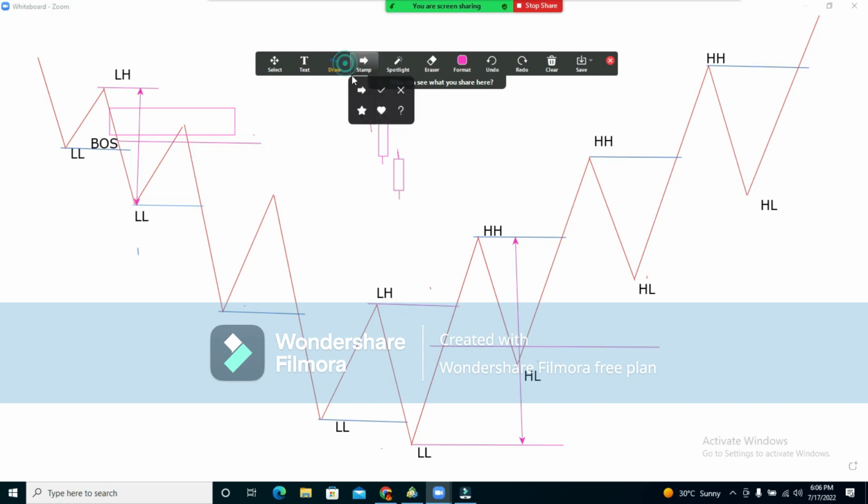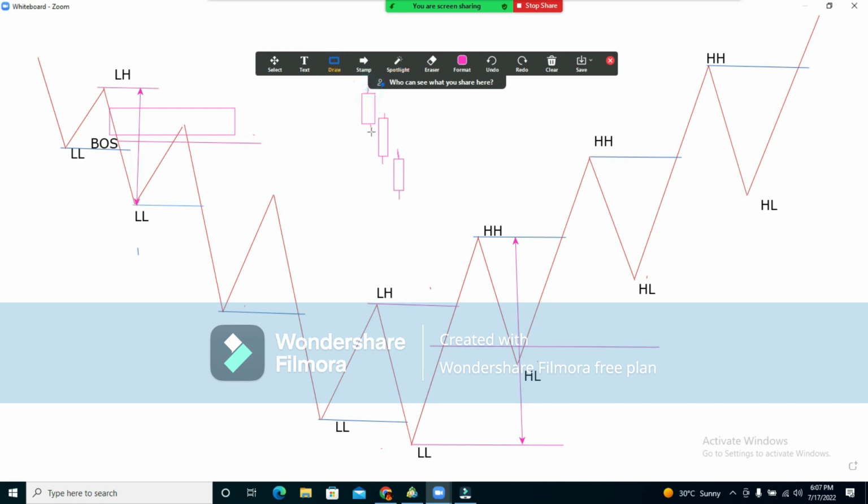You can see this space here. Irrespective of the candles, this one can be a bearish or bullish candle, irrespective of it. So long as there's a space like this, between this low and this high, in between three candles, there's a space like the body.